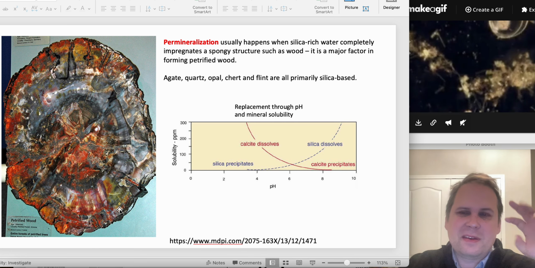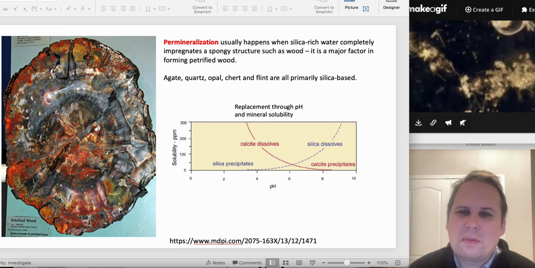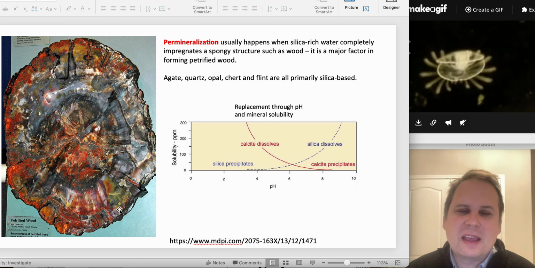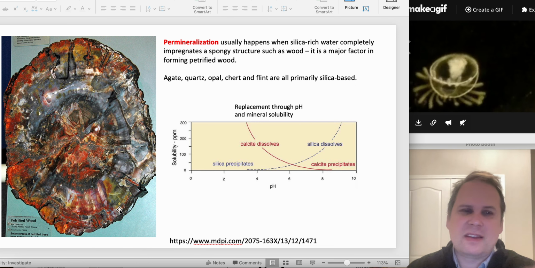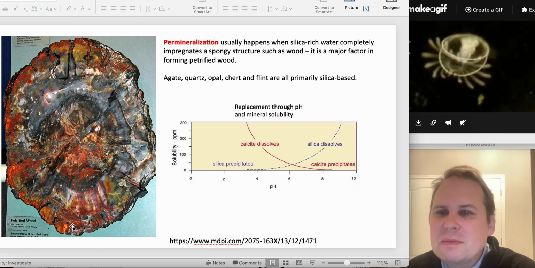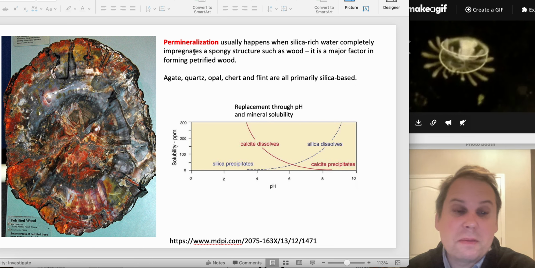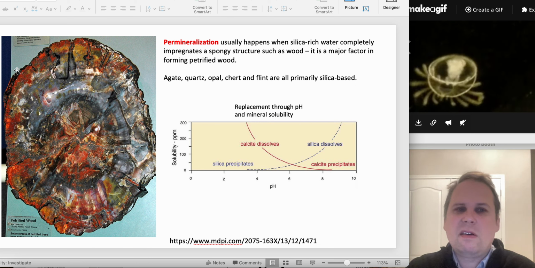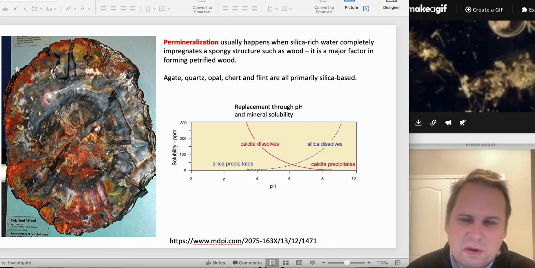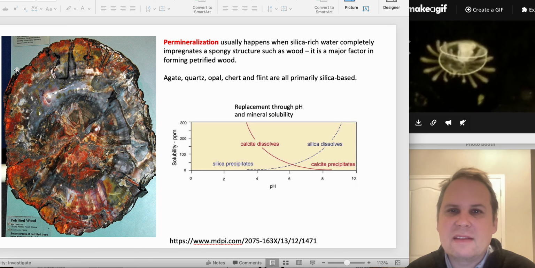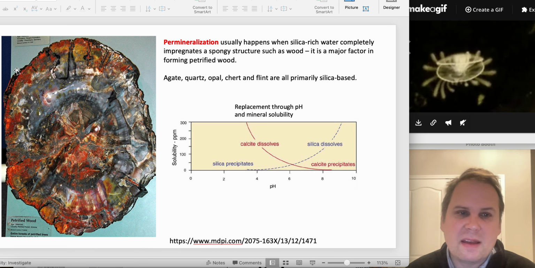And so that'll permeate in there. It'll all normalize out. And then as that dries out, you will get the silica basically being deposited everywhere that water used to be. And you'll get this beautiful permineralization, which is infilling all the spaces in the organism with a mineral, and typically silica based.